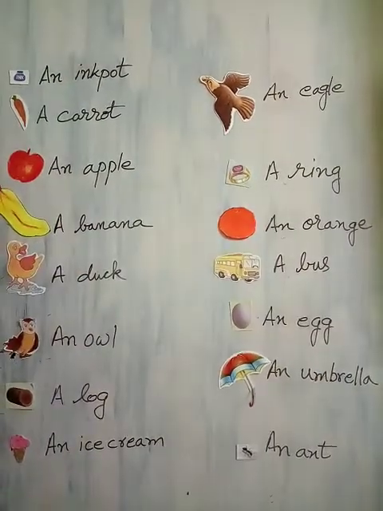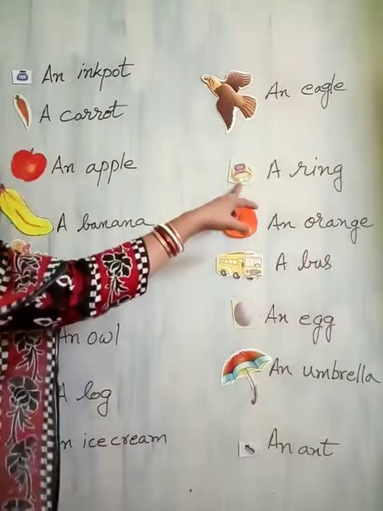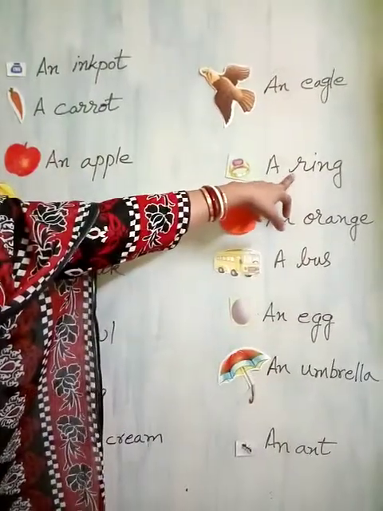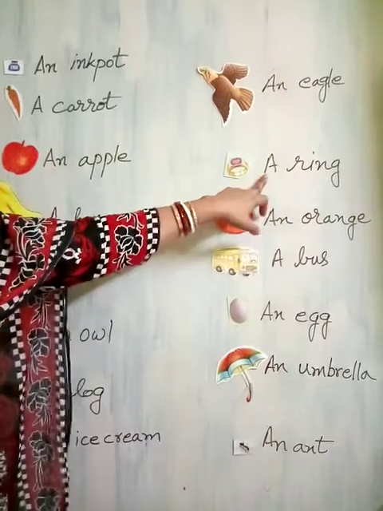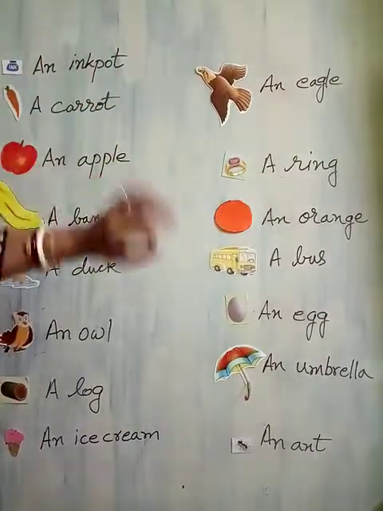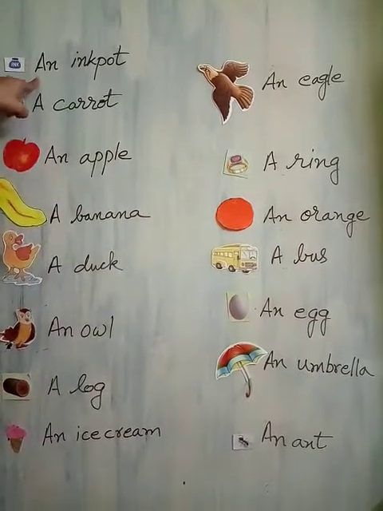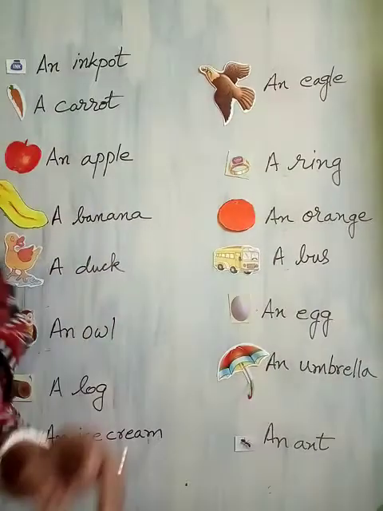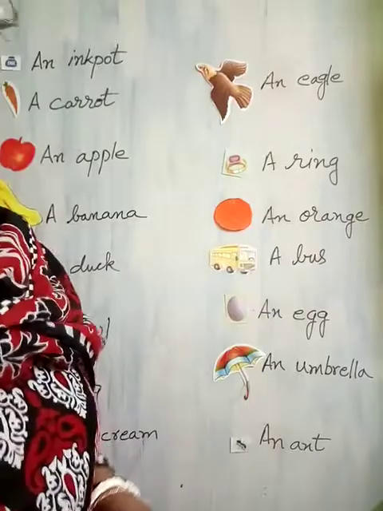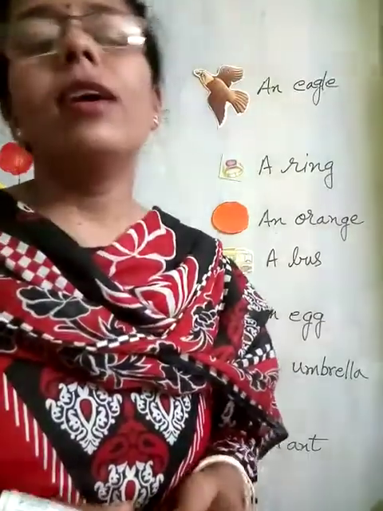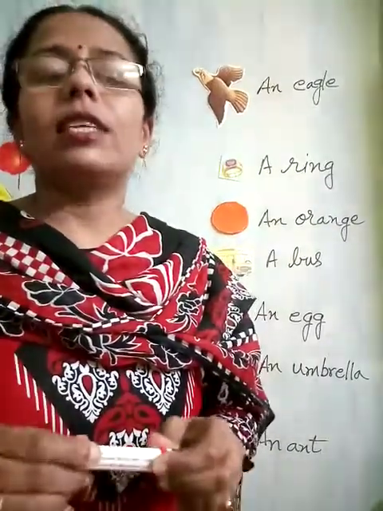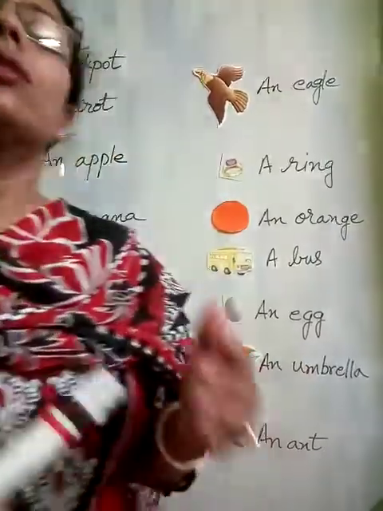These words are starting with a consonant letter. So, we are using a. And for the words which start with a vowel or have a vowel sound, we use an. And for the words which start with a consonant, we use a.